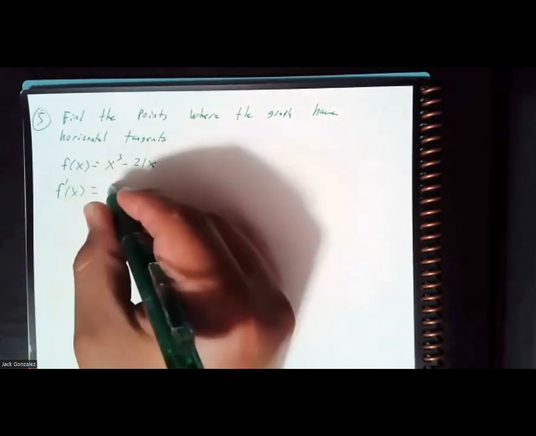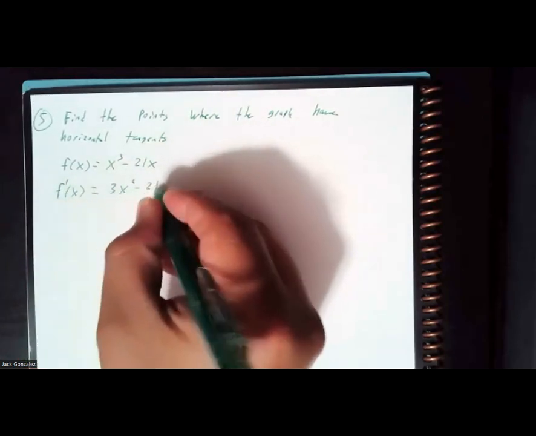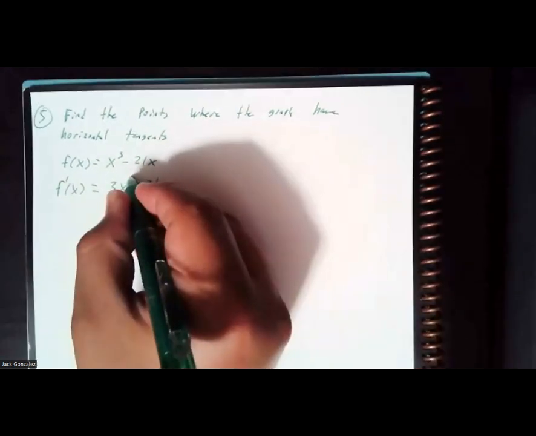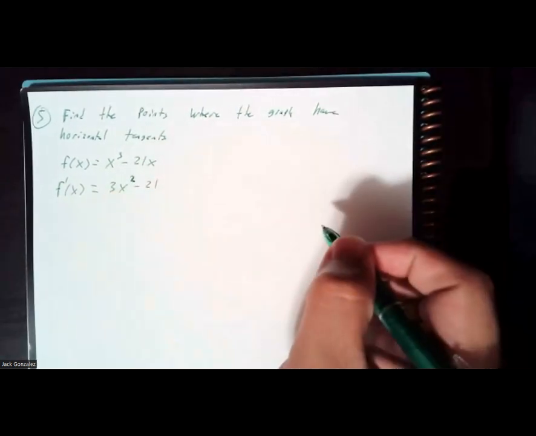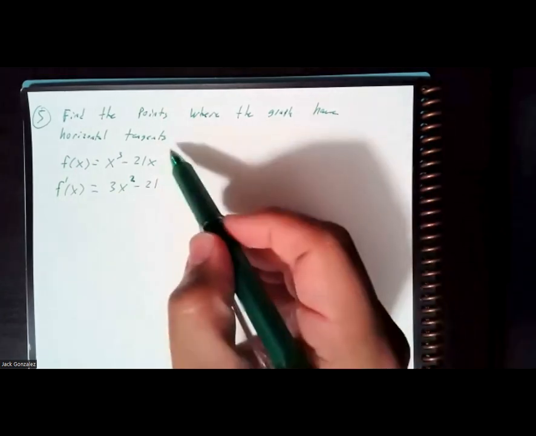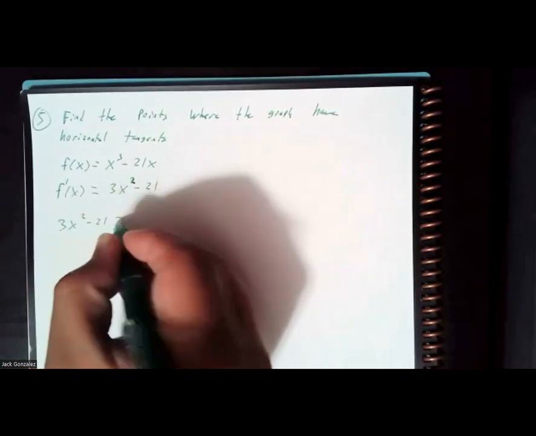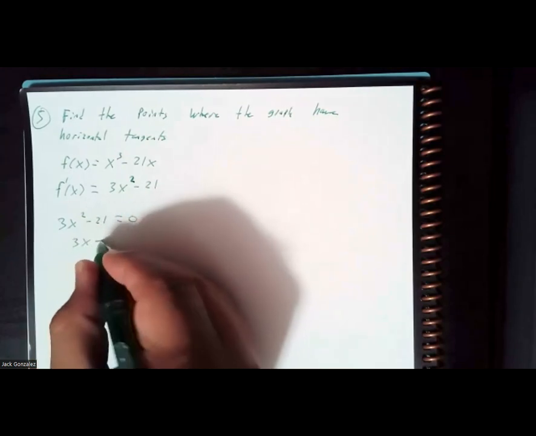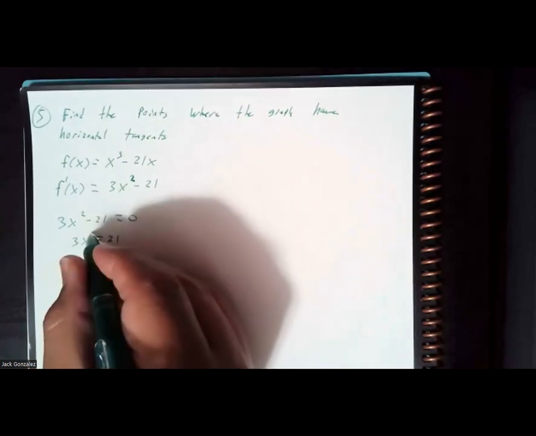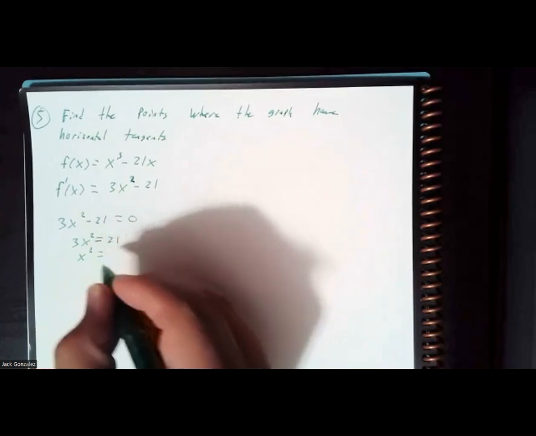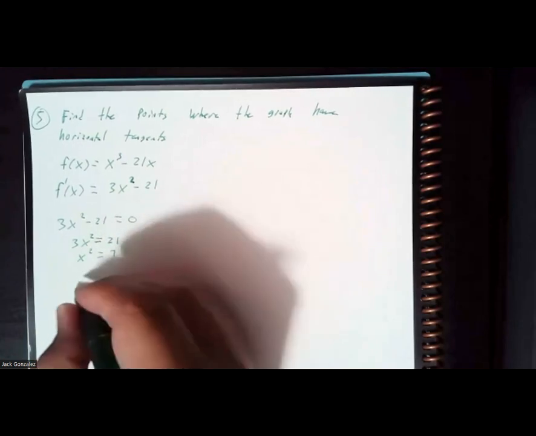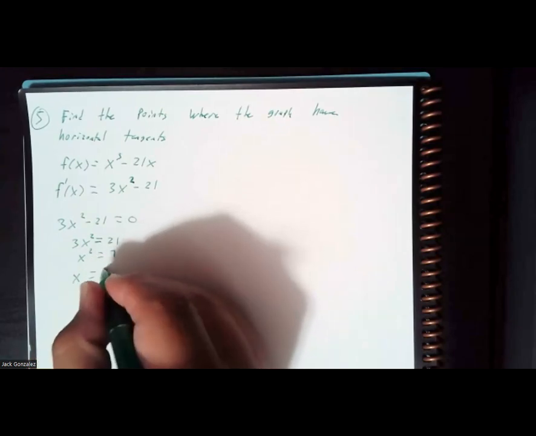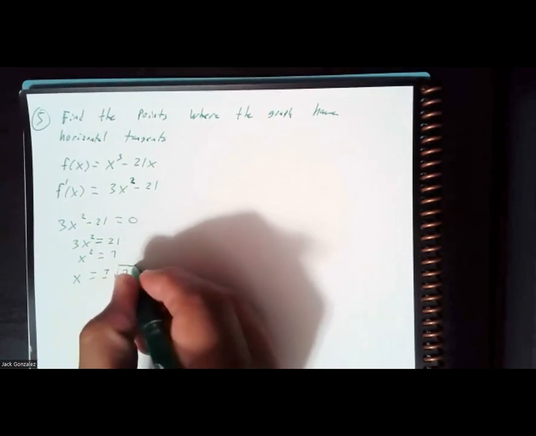So we're going to need the derivative. That's our derivative, right? Yes. Okay, so if they're curious about horizontal tangents, that means that the derivative is equal to 0. So solve for x. Divide by 3. Square root both sides, and you get plus or minus square root 7.